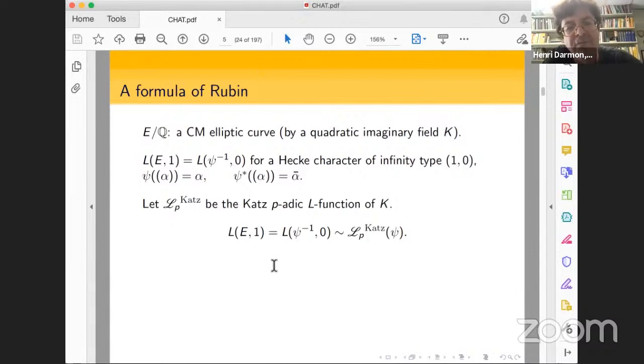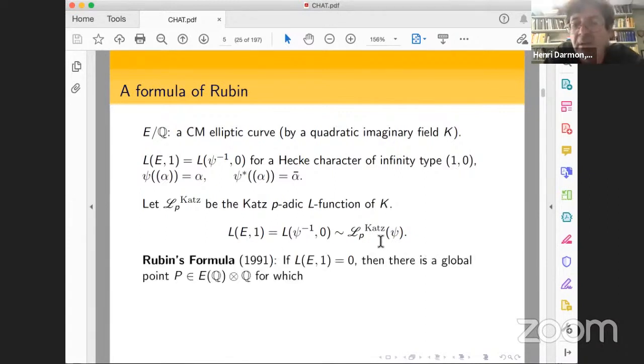So the L function of E at 1, at the center, is this classical value, which can be interpreted up to a simple non-zero multiple involving a p-adic period as the value of the Katz L function at the character psi. Now, Rubin's formula concerns the value of the same p-adic L function, but at the character psi star, which lies outside the domain of p-adic interpolation of the L function.